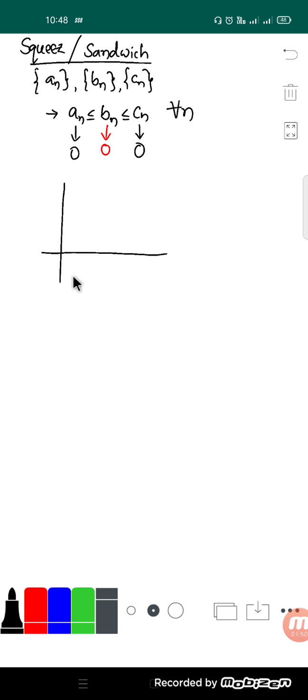If we draw some graphical evidence, see, this is the an curve, and cn is, you can imagine, this is just an example, very simple. These two curves cn and an graze the 0. This is the y equals 0 line.